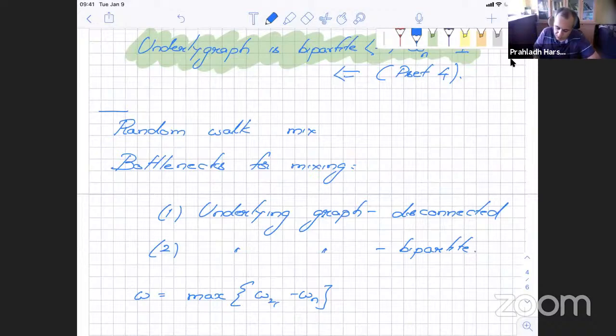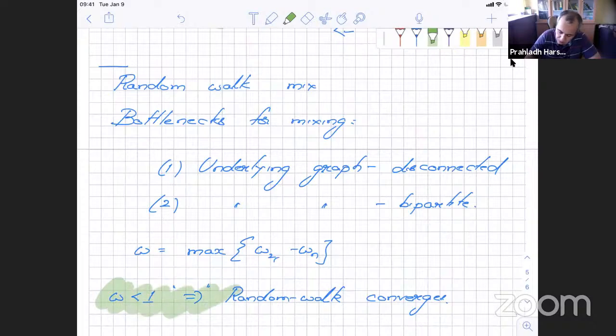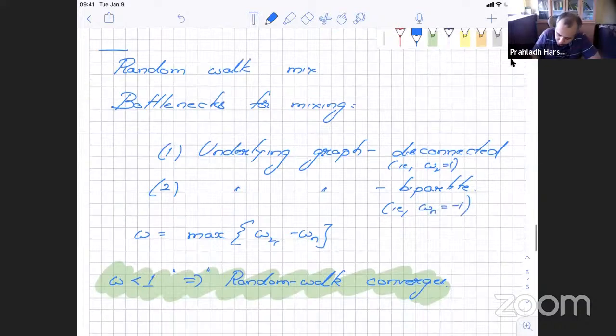So that's what we're going to show next. If omega is less than 1, then the random walk converges. Informally, this is what we're going to do. That is omega 2 is equal to 1, and that is omega n equals minus 1. So this is removing both bottlenecks.